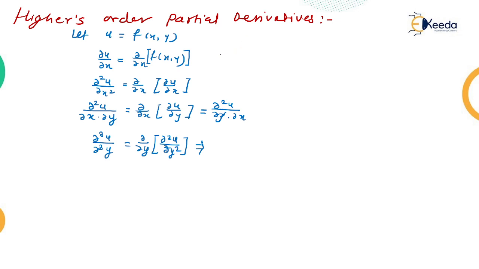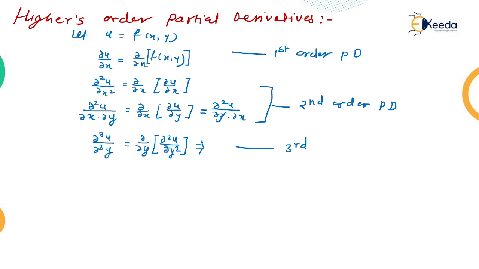So let's see, number one, if we take ∂u/∂x, it is called a first order derivative, first order partial differentiation I am writing. Now these two are called second order partial differentiation, which means you have to take the differentiation that many times, and this third one is a third order partial differentiation.